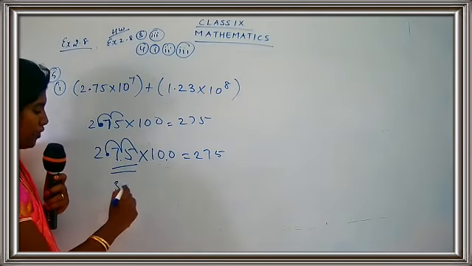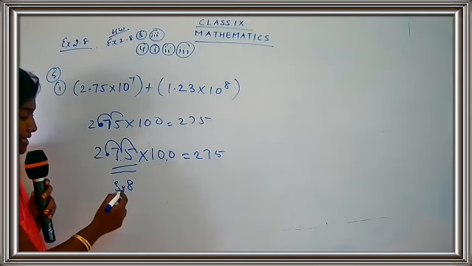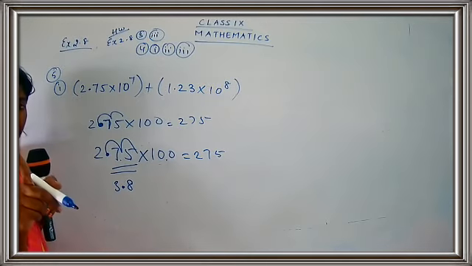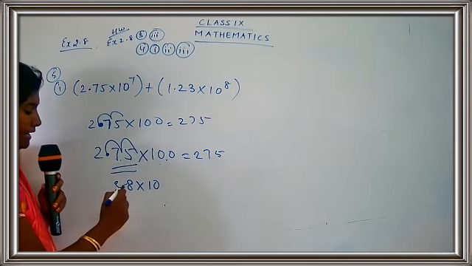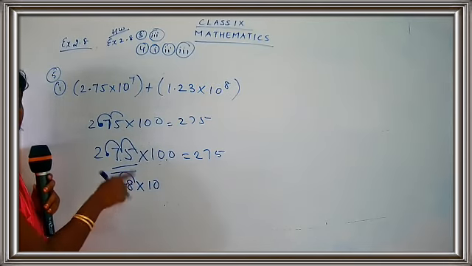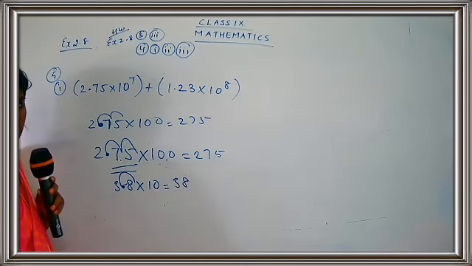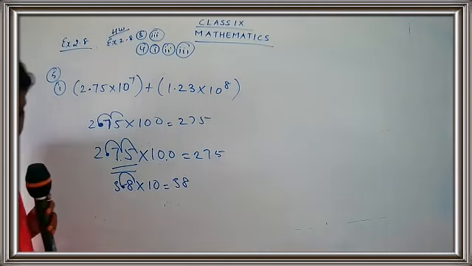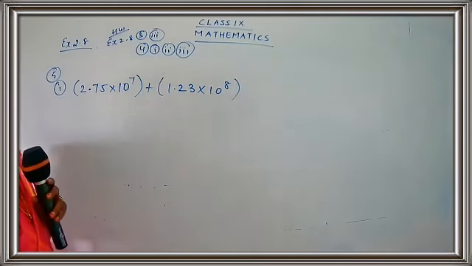Suppose you have 3.8. So by what number do I have to multiply? How many numbers are there after the decimal point? Only one number. That means I have to multiply by 10. If I multiply by 10, the decimal point will shift 1 place to the right and I'll get the answer as 38. Okay, so I'm just going to use this concept. So now here it is 2.75 into 10 raised to 7.